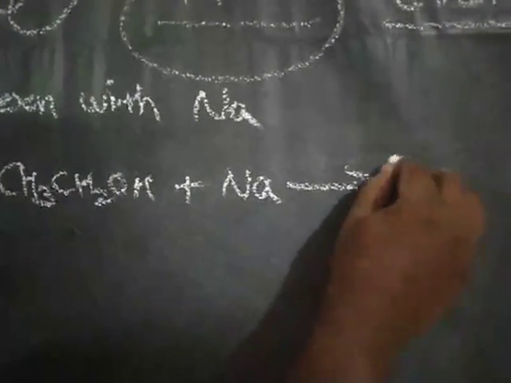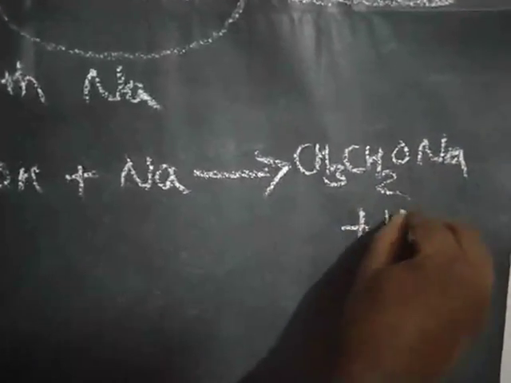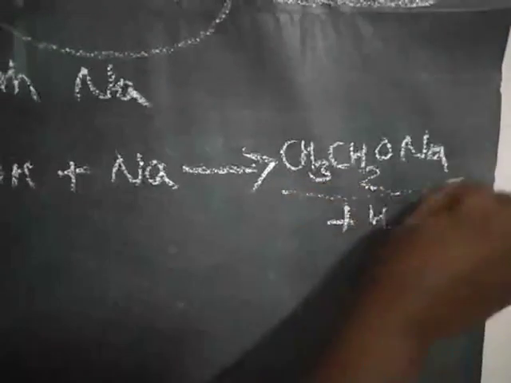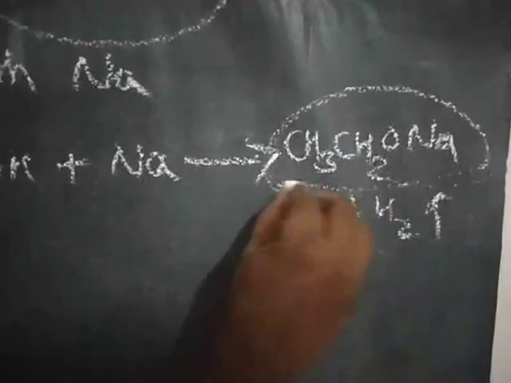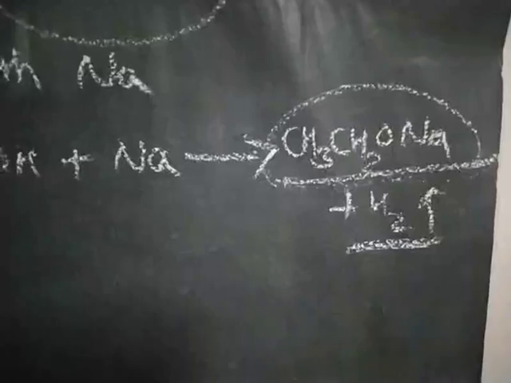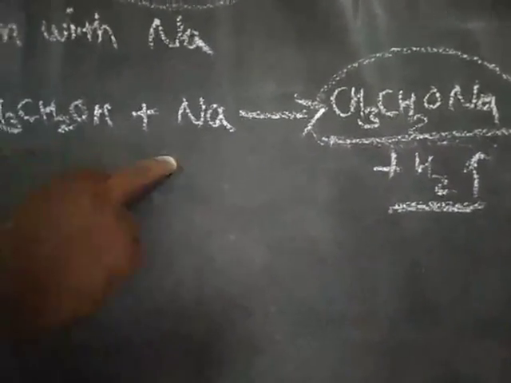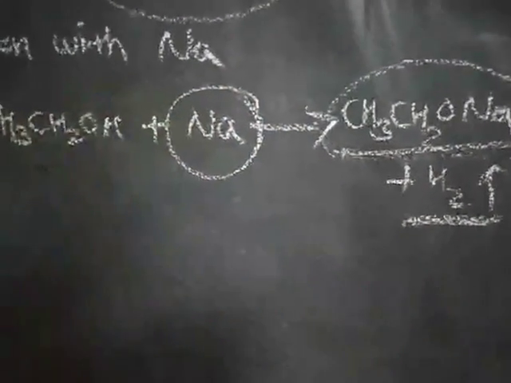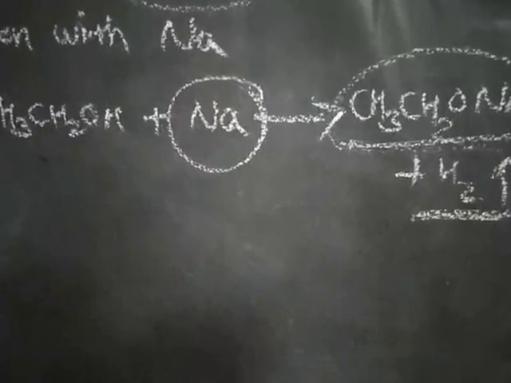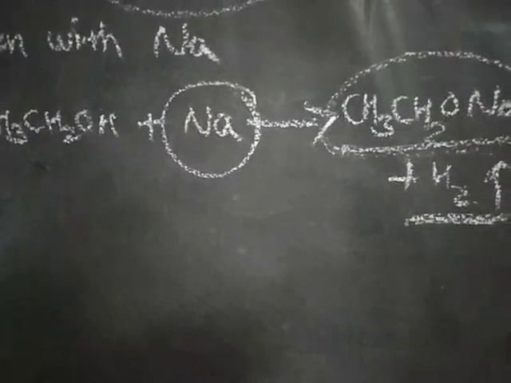C2H5ONa plus H2 gas. What is the name of this compound? Sodium ethoxide plus liberation of H2 gas. So ethanol reacts with sodium metal to form sodium ethoxide and liberation of hydrogen gas.